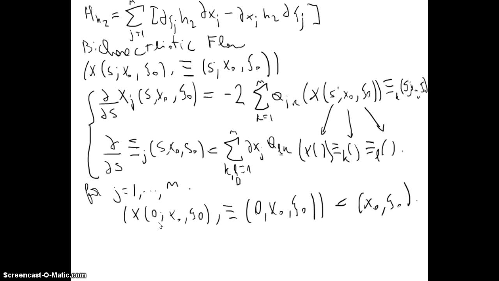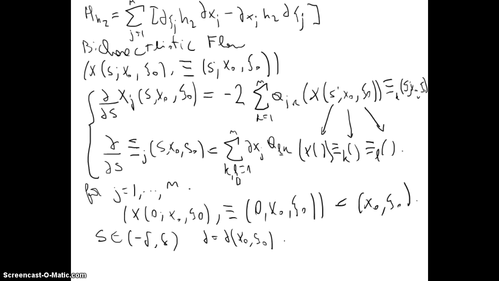Okay, the bicharacteristic flow exists in the time interval (minus delta, delta), with delta equal to delta of (x naught, xi naught). Okay, and delta depends continuously on (x naught, xi naught).